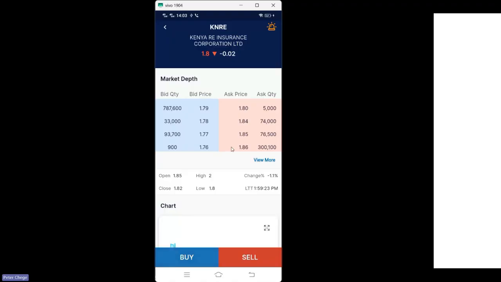Bids are the people who want to buy. Ask are the people who want to sell. So demand on one side, supply on the other side. This market is moved by demand and supply. So you place your orders at different prices, but within the 10% rule. We'll come to the order entry screen and see that. Why the 10% rule?